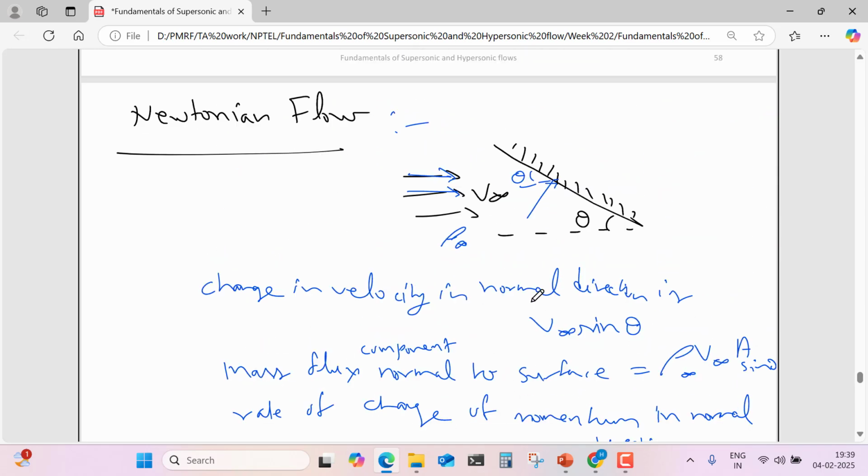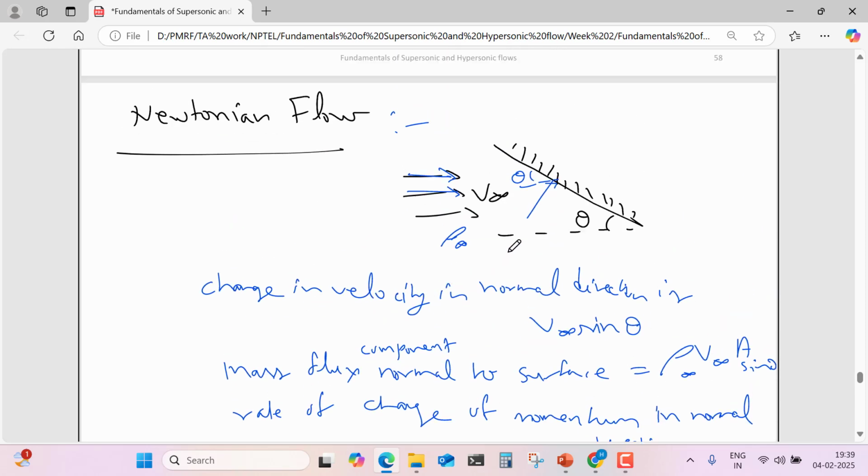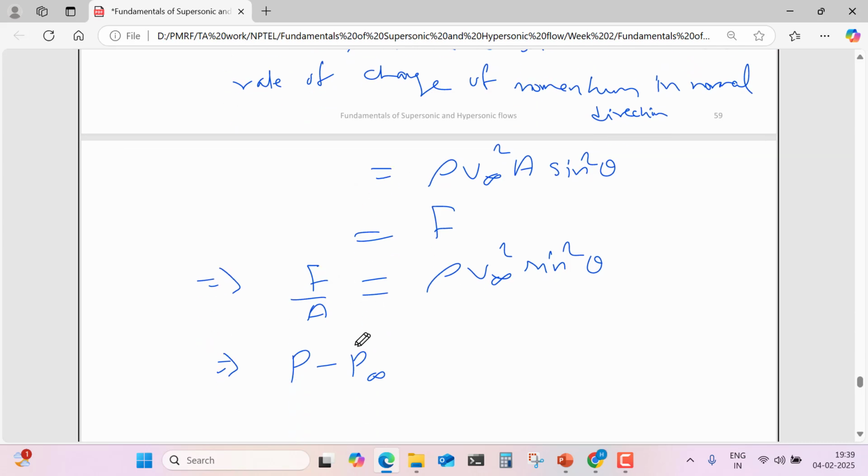In this one, hydrostatic pressure is not considered, and free stream pressure is generally not considered, so it will be P minus P infinity. So this F by A will be equal to P minus P infinity, which gives me rho V infinity square sin square theta.